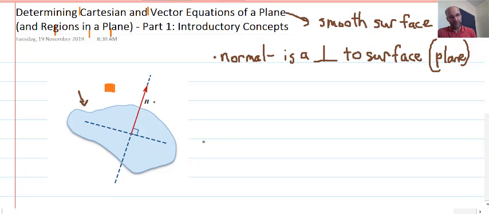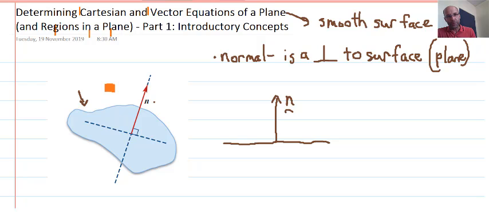It's kind of hard to represent 3 space with a 2 space diagram, but you can probably see what the creator of this graphic was trying to do. So n comes out at right angles. If I was to look at a purely side-on profile of that, we would see n come out like that if we looked at it from a different orientation.